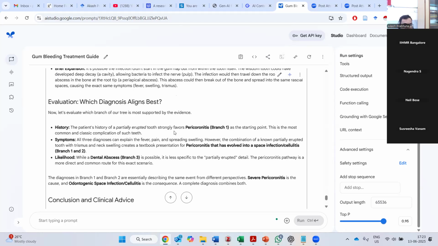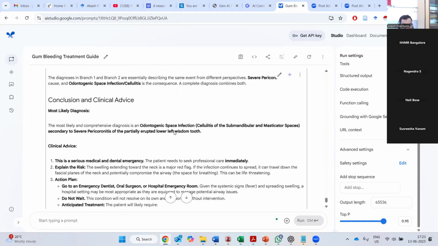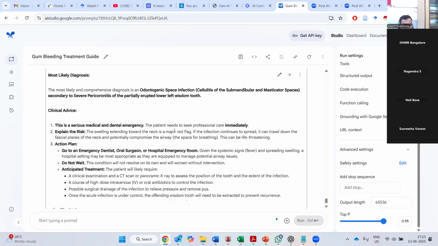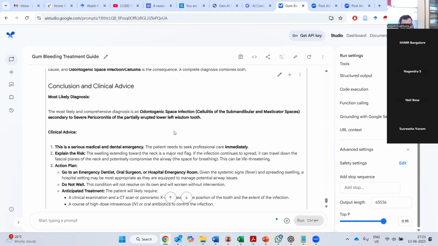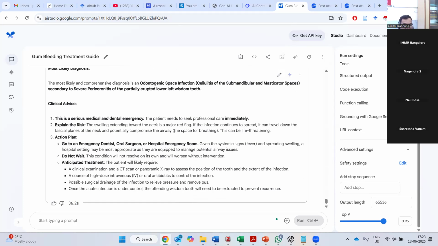So which aligns best? The likelihood is that history aligns with branch one and branch two. Most likely is odontogenic space infection, cellulitis of the submandibular and masseter spaces secondary to severe pericoronitis. Oh well, I would have thought it's more of a severe pericoronitis, but cool. This is more convincing than what I thought.